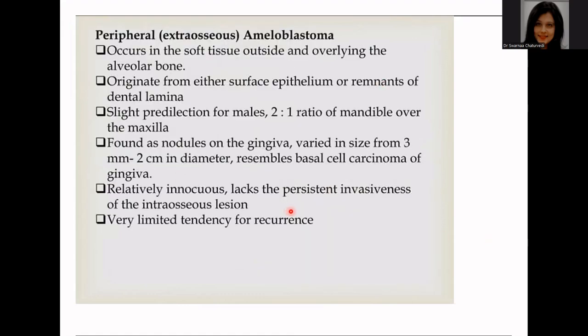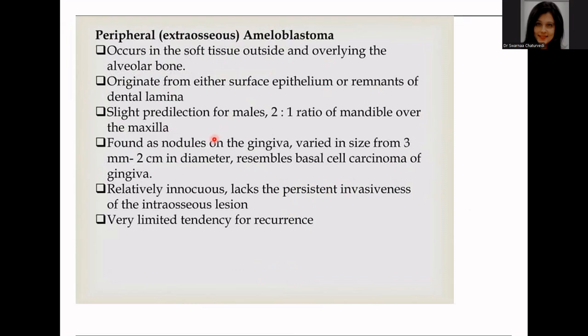So the first variant is the extraosseous ameloblastoma. It occurs in the soft tissue outside and overlying the alveolar bone. They originate from either surface epithelium or remnants of the dental lamina. Peripheral ameloblastoma has a predilection for males, and the site predilection is the mandible.